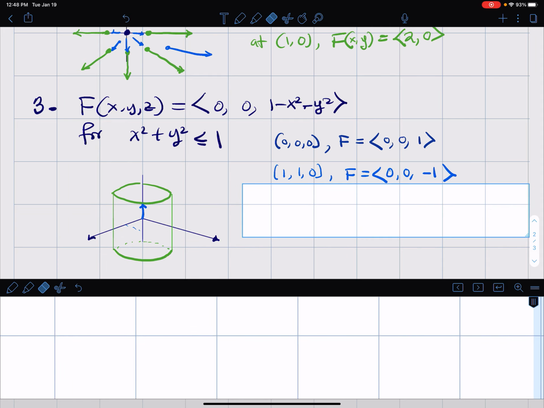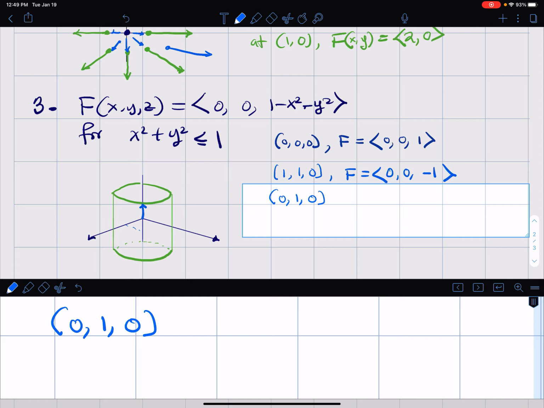Okay, let's pick another point, which is 0, 1, 0.